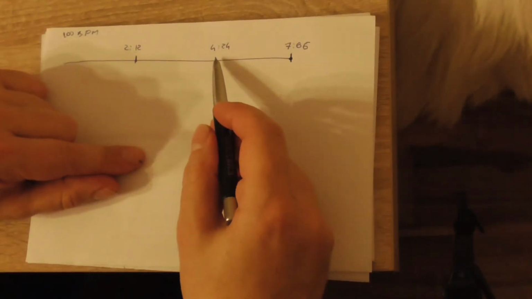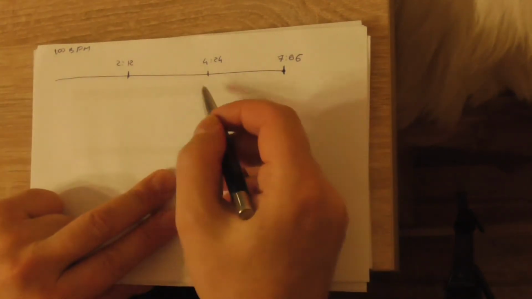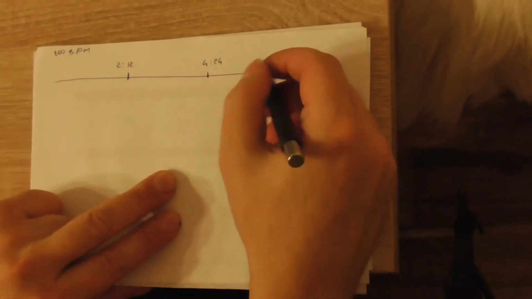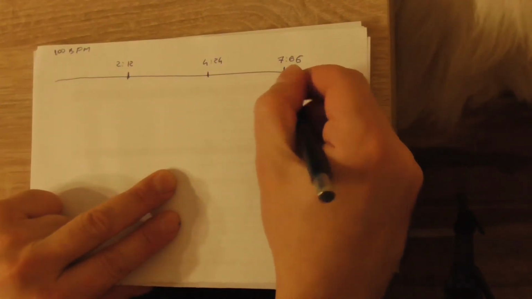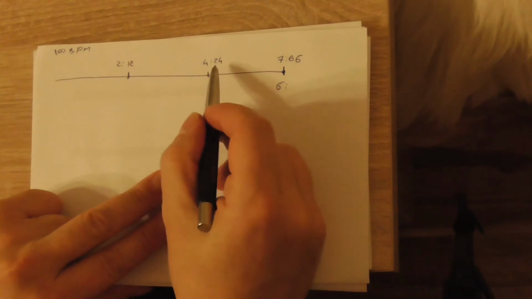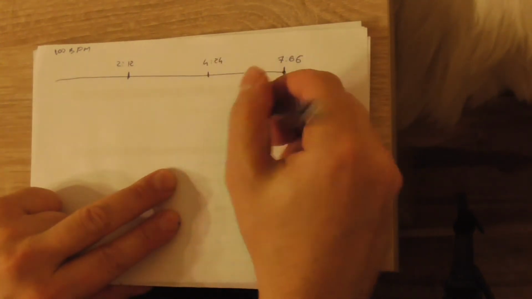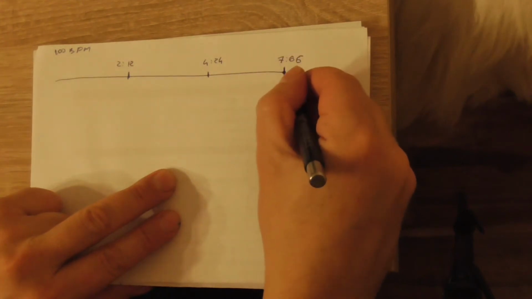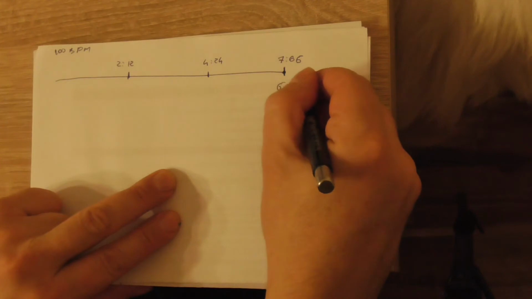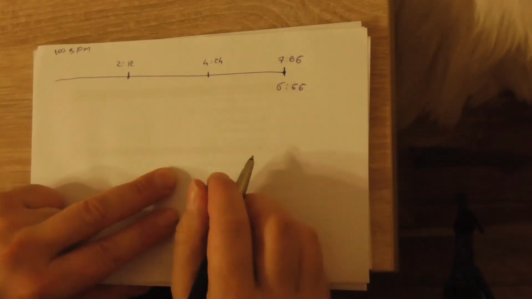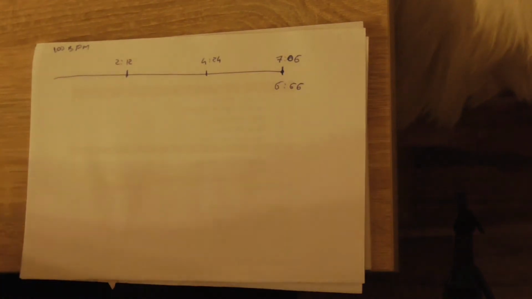If we normally count this amount, we will have 2, 4, that will be 6, and 12, 14, 24, and of course it will be 66. Very funny, yeah? 66.